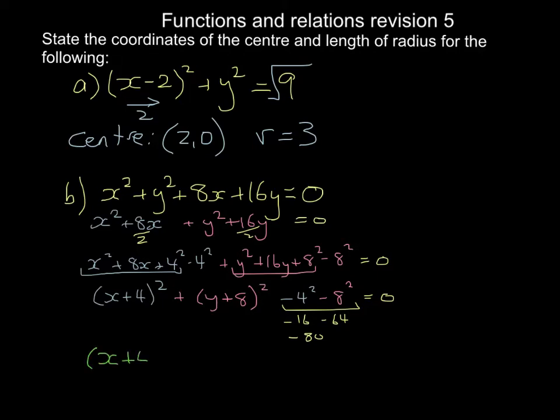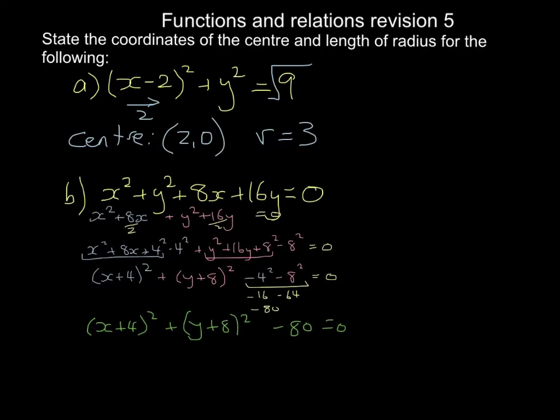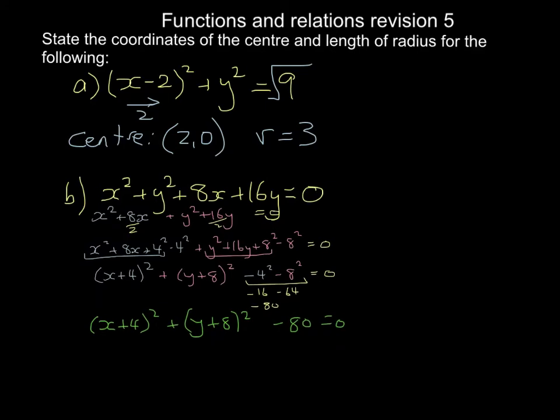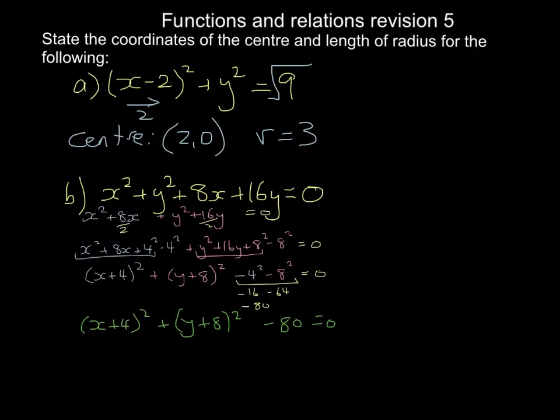X plus 4 squared plus y plus 8 squared, take away 80 is equal to 0, or that would then mean, if I can shrink it again, I should have shrunk it a bit further, how small I can make it so you can still read it.